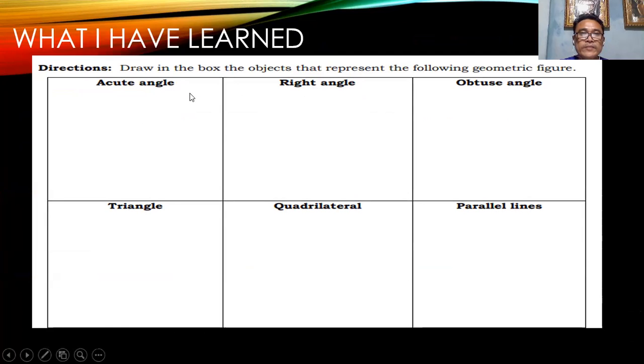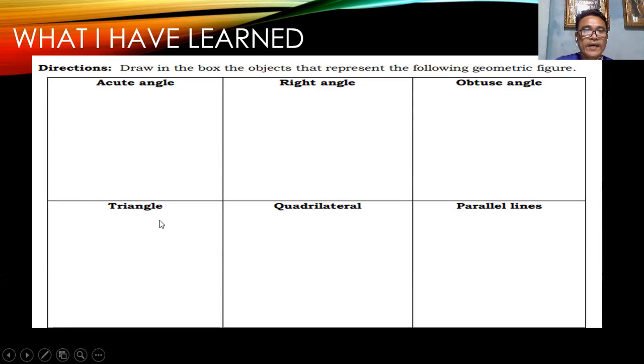Now draw in the box the objects that represent the following geometric figure in your modules. We have here acute angle. Draw an object that represents acute angle. At the center is a right angle. Then obtuse angle. Then here, the polygon triangle.